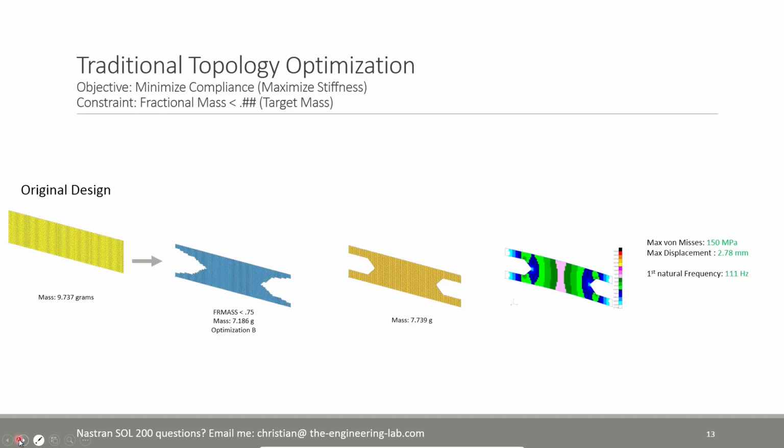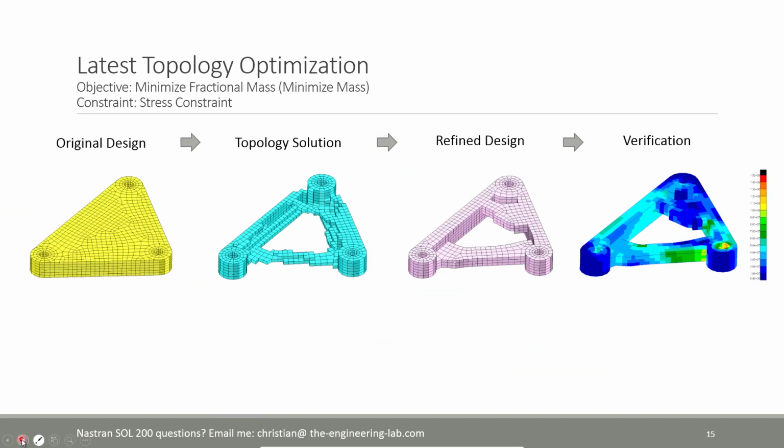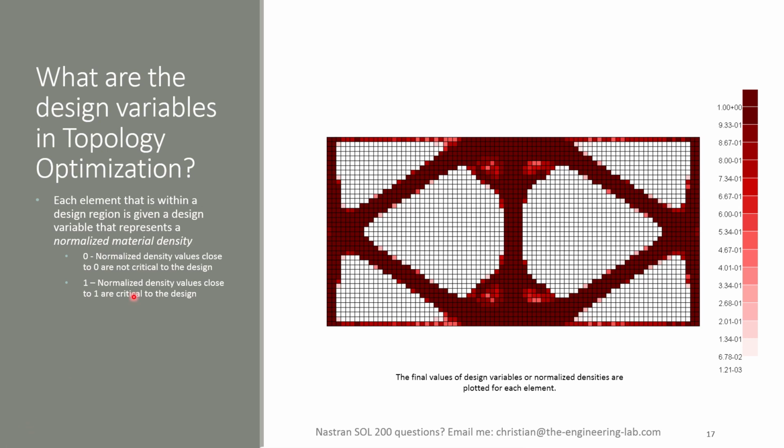Let's go over some commonly asked questions. What are the design variables in topology optimization? To be frank, they are named normalized material densities. Here, for example, let's suppose this entire plate started off with the density of 1,000 kilograms per meter cubed.